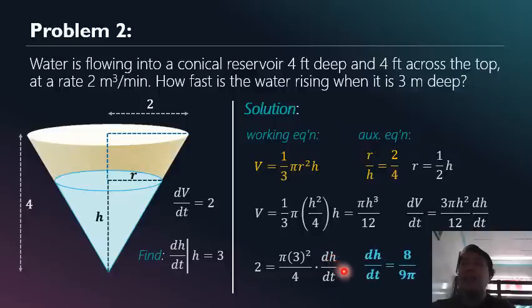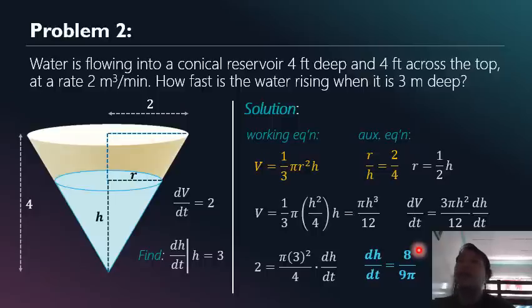So, that will be 8 over 9 pi. This is the rate at which the height of the water in the tank is increasing. Calculate nga natin. Ano ba ang value ng 8 divided by 9 pi? The value is approximately 0.28.